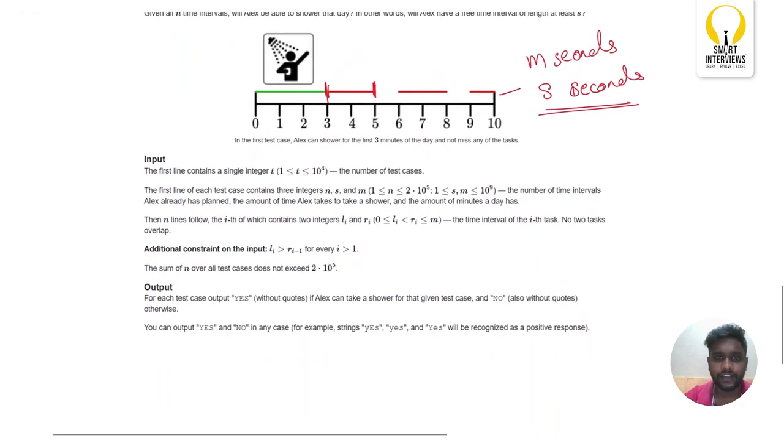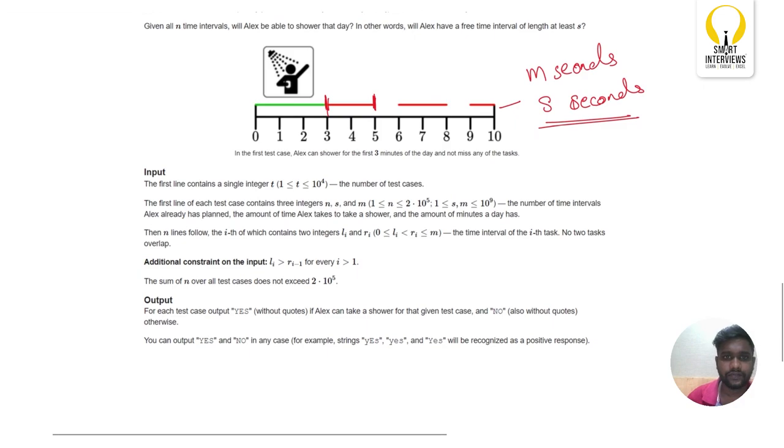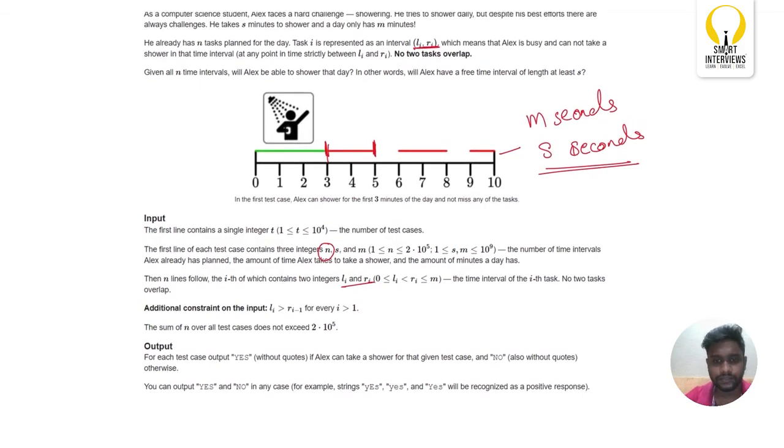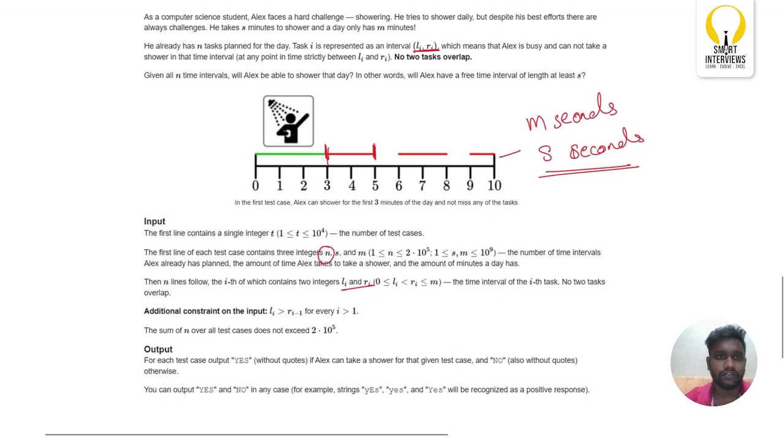If we look at the input, first we have t test cases and we are given the values of n, s and m. n is the number of tasks he has, and for each of those n lines we are given l of i and r of i. So given the time intervals, the length of the day and the time required to take a shower, we have to say if it is possible for Alex to take a shower or not.